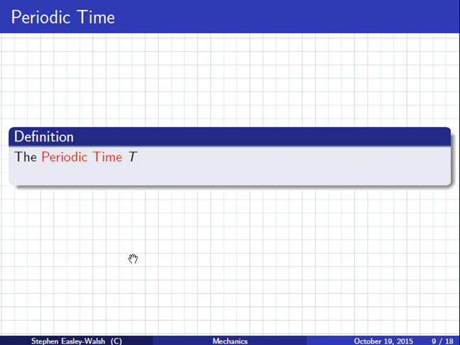The periodic time is the time taken for 1 orbit. So, that big T is how long it takes for 1 orbit. That's called the periodic time. So what unit is it? Seconds, of course.